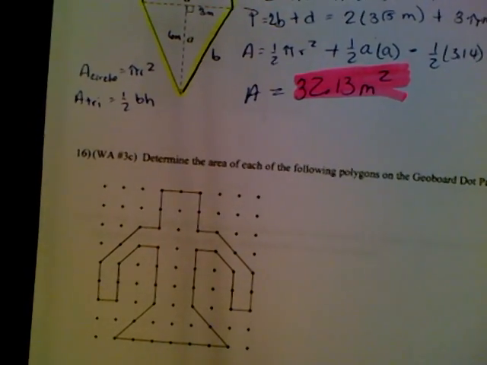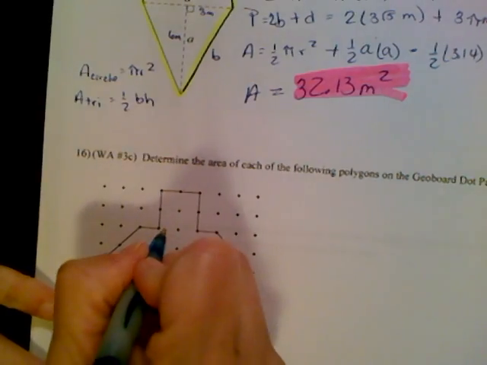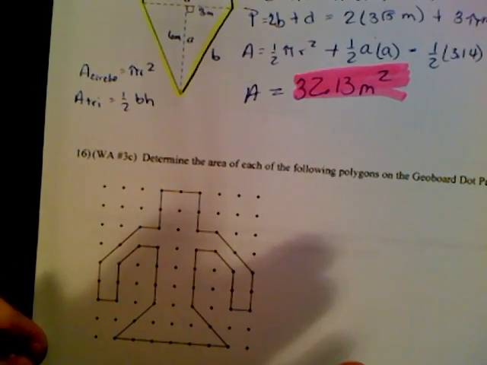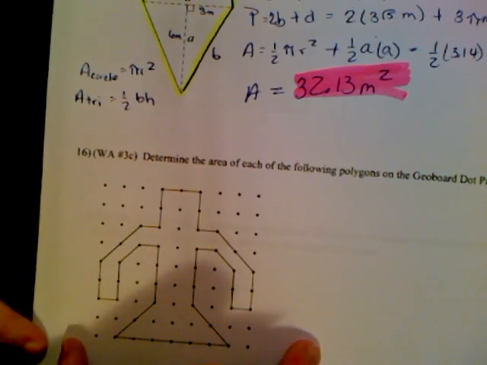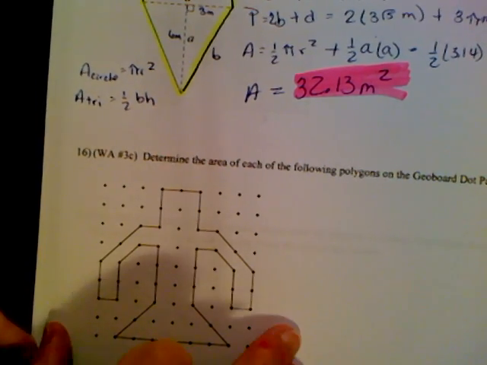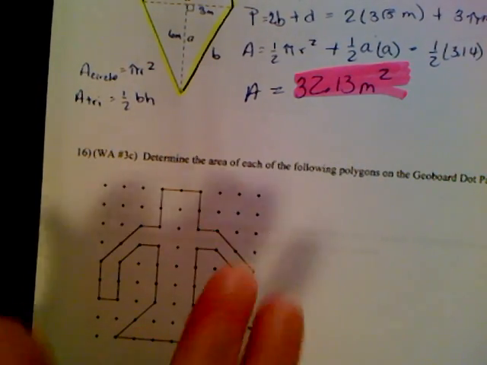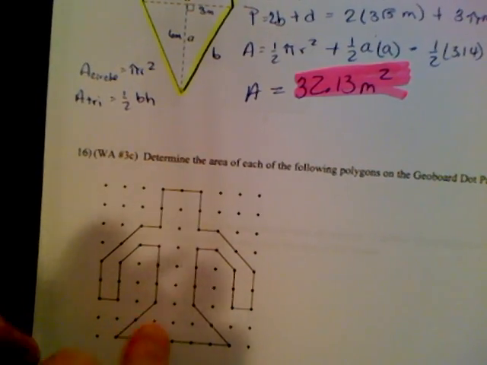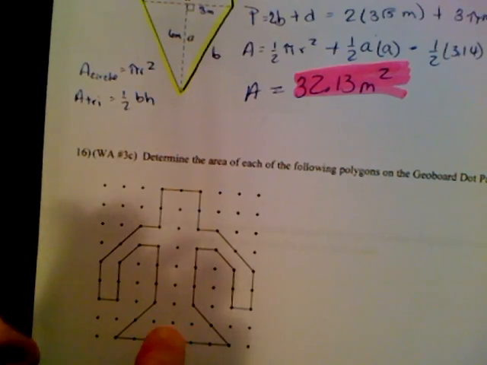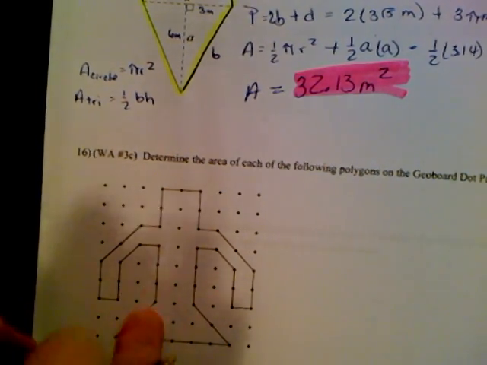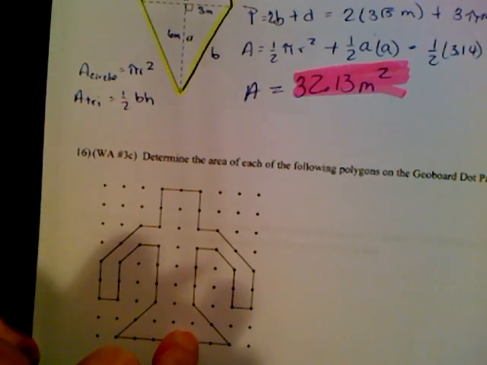Okay, now I call this our little alien walking person, however you want to do it. Now let me say this. Students struggle a lot with this question, with how to break it up. If you are taking my course, you will see a figure on dot paper that you have to break up and come up with an area for.